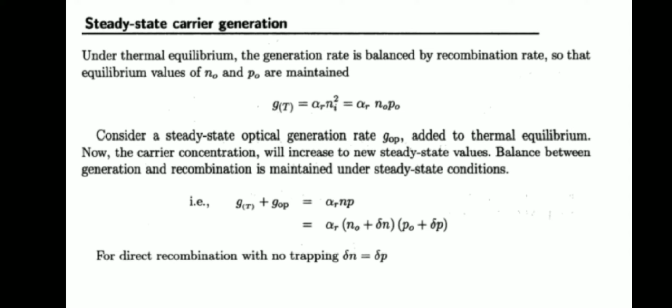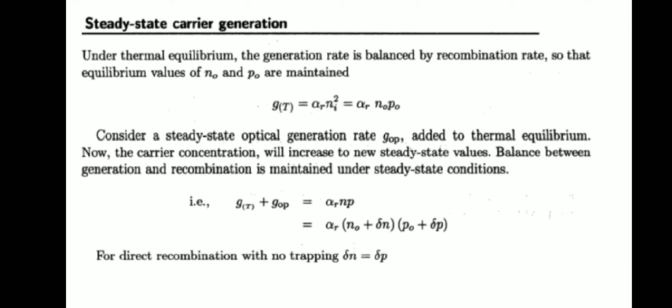Now if we are considering the semiconductor, we have thermal equilibrium carriers, as well as excess carriers due to this optical energy. So in that case also there should be a balance between generation and recombination.